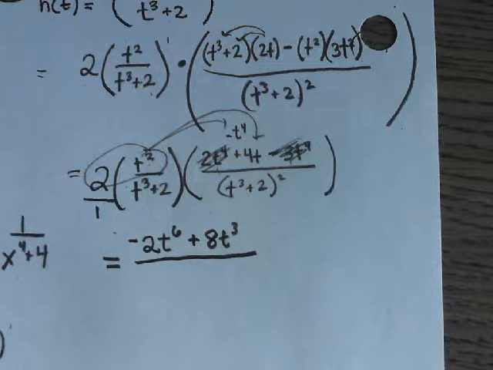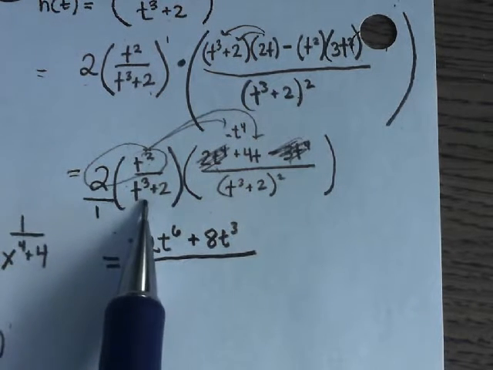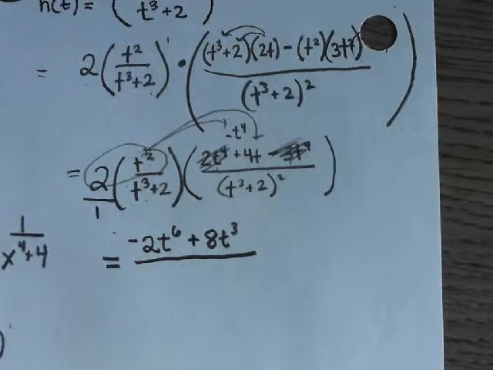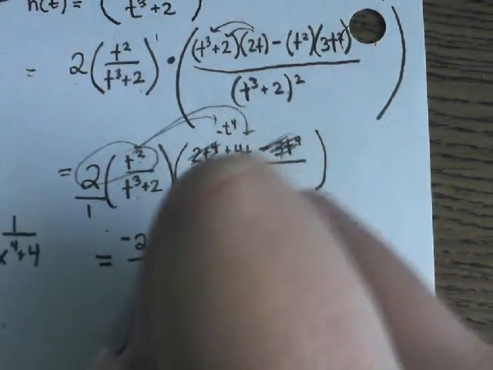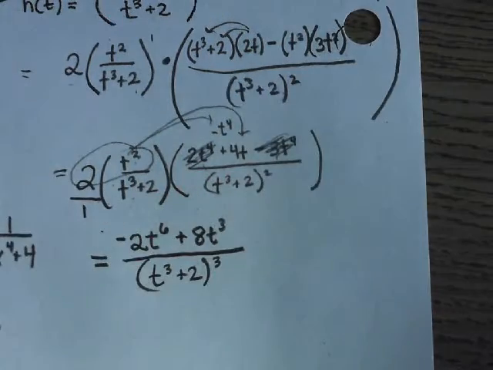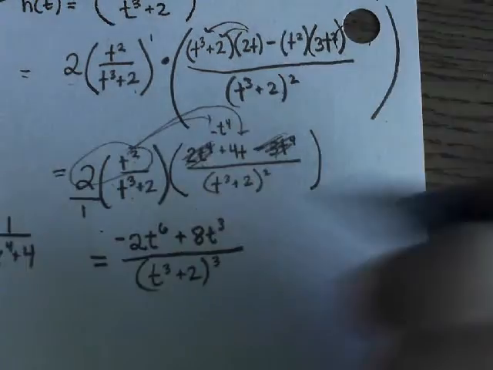Yeah, t to the third power plus 2 cubed, because you've got one of those binomials multiplied by 2 more of the same binomial, so it's just that binomial cubed. And then I actually am going to factor out my numerator.